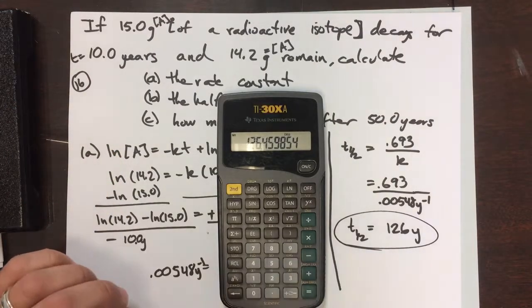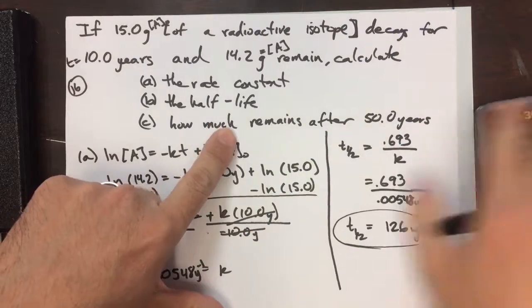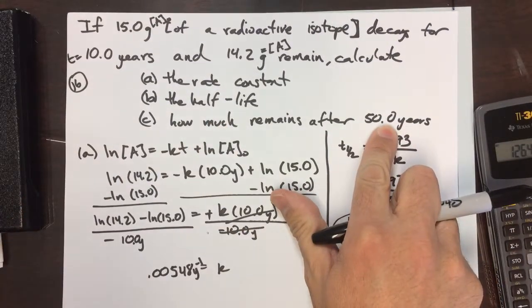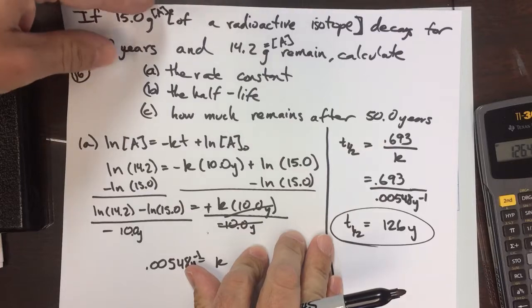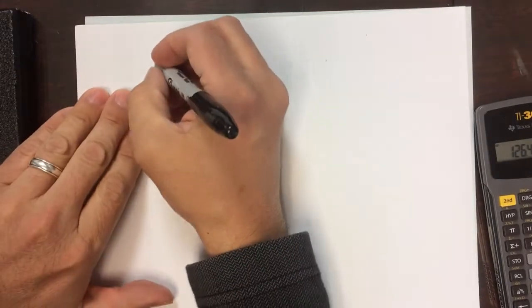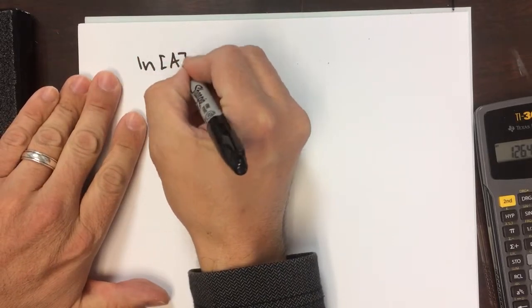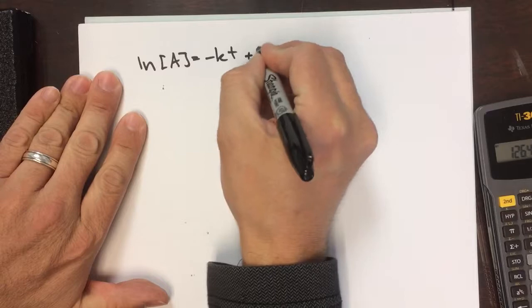Now, for the final part of the question, we're asked how much remains after 50 years. So 50 is going to become our new A. So we're going to start over: ln of A equals negative kt plus ln A naught.